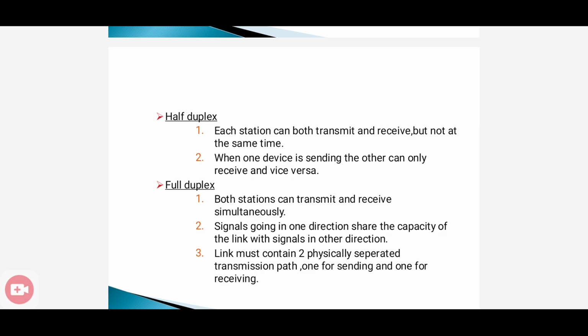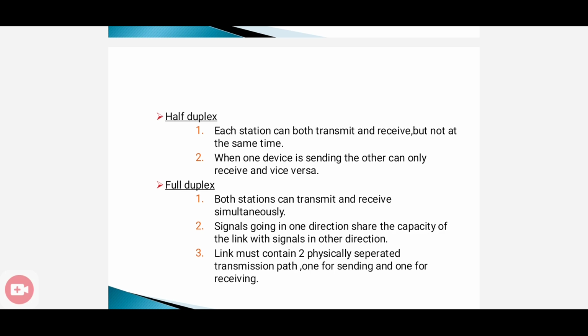That means at a particular time, only one device will act as a sender and the other should be a receiver. If time changes, then the mechanism is reversed. Okay. So both stations can transmit and receive, but not at the same time. When one device is sending, the other can only receive the data, and vice versa. Okay. That is half duplex. And in the full duplex mechanism, both stations can transmit and receive at the same time.